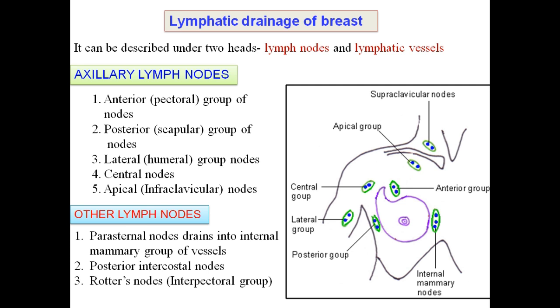Apart from these, other lymph nodes also contribute to the lymphatic drainage. These are the posterior intercostal nodes, rotter's nodes or interpectoral group nodes.